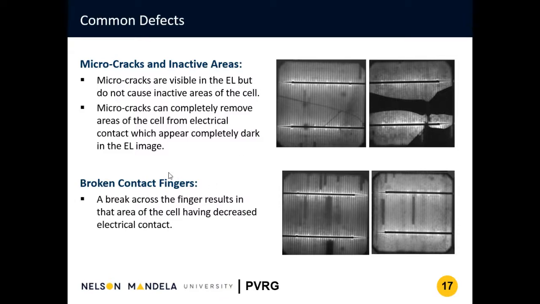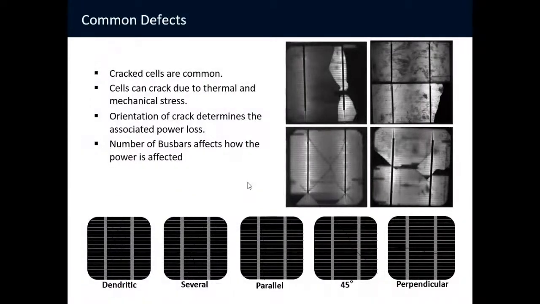Similarly, you can have a disconnection in the contact fingers that run across the cell, and these are also visible in the EL images as an area with decreased electrical contact. Cracked cells are fairly common in PV modules.